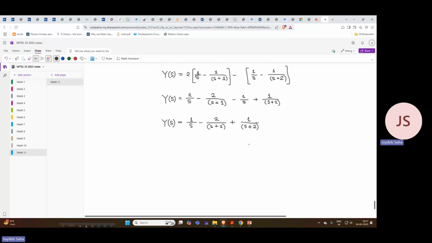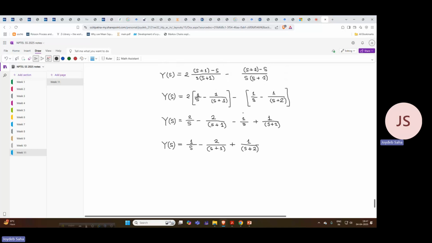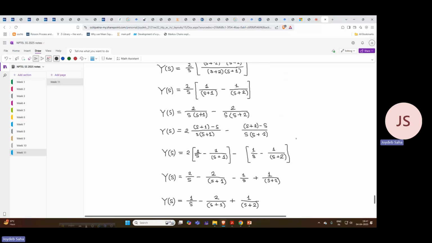So is it clear till now? Please take 1 or 2 minutes and try to understand this portion, then we will proceed further. Try to understand what I have done till now. If there is any doubt or any query, please ask.